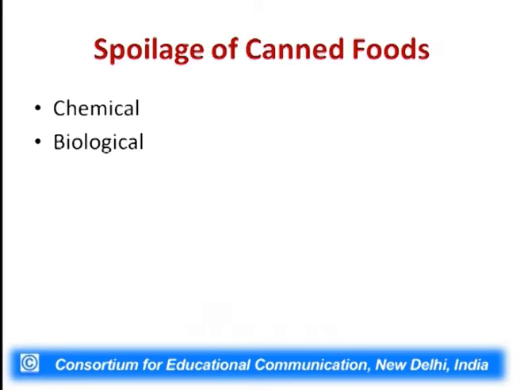Now, spoilage of canned foods may occur due to chemical reasons and biological reasons. Chemical spoilage mostly takes place due to the reaction of food material with that of the container, while biological spoilage of the canned food is due to microorganisms.